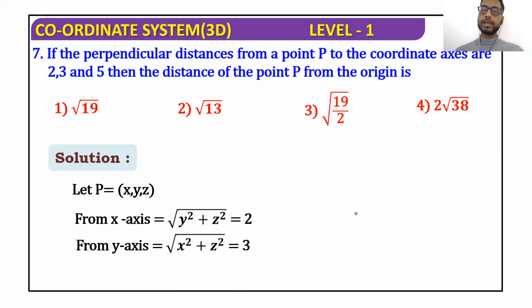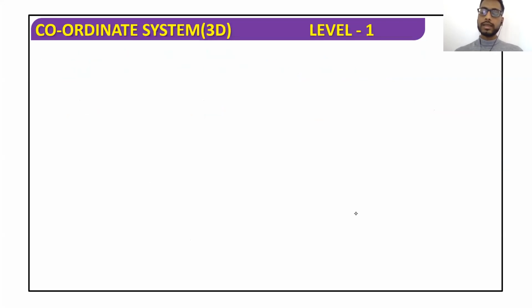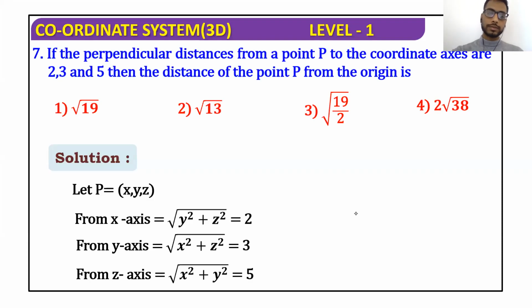And these distances are given to you, which are 2, 3, and 5. Equating them, I get 2 is equal to under root y square plus z square, 3 is under root x square plus z square, and 5 is under root x square plus y square.